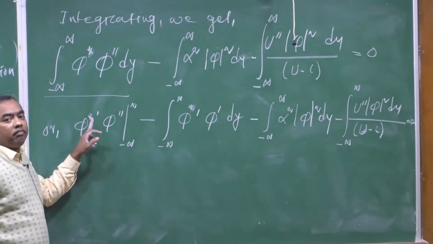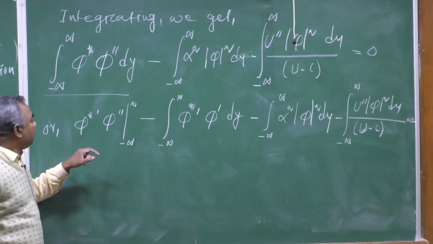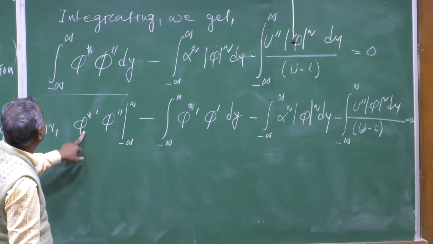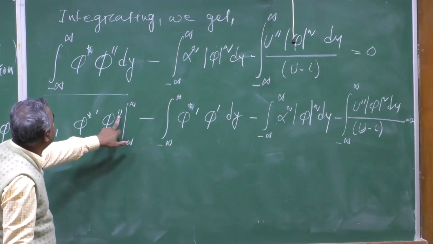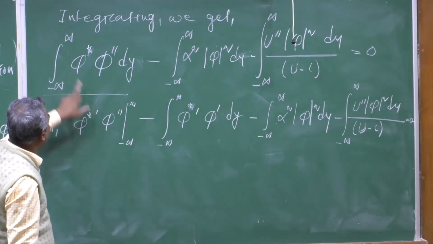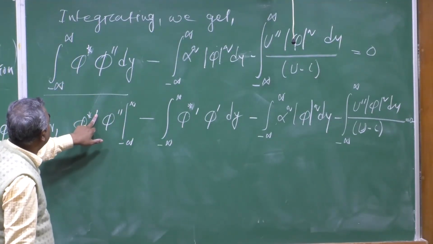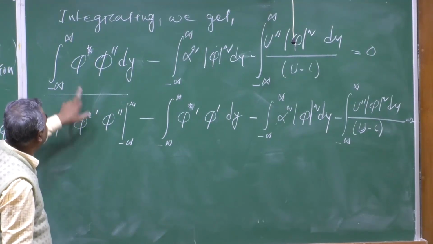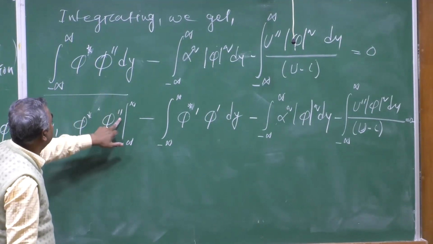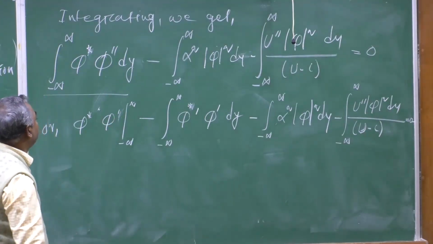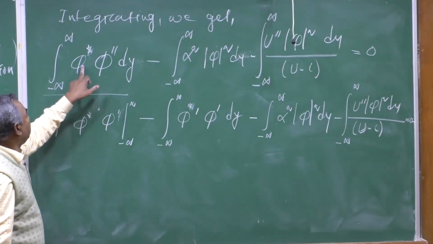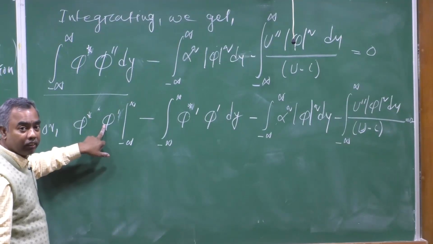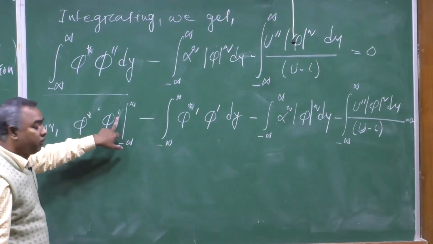There is a mistake here. The first function, and the integration of the second function, phi double prime, gives phi prime.